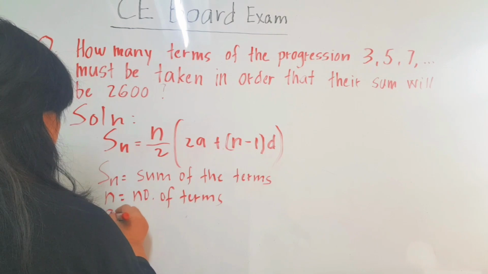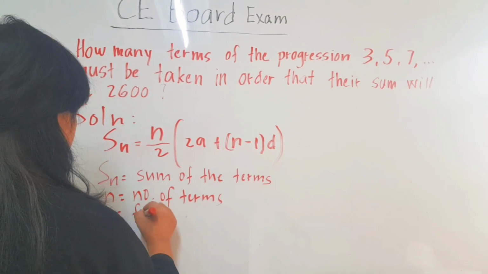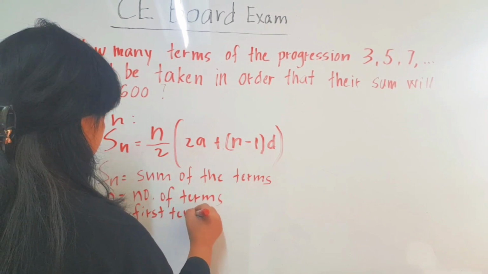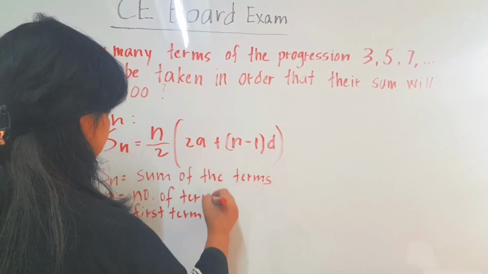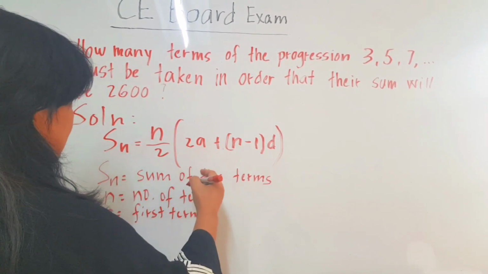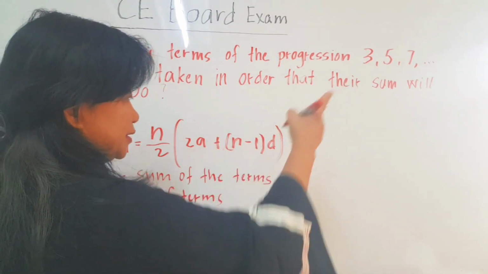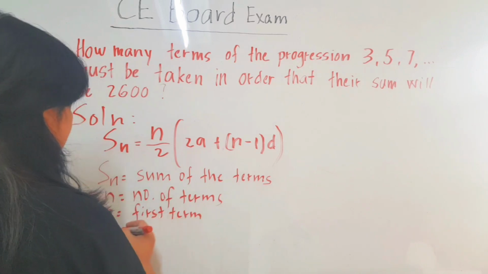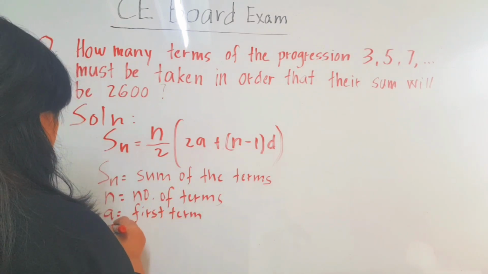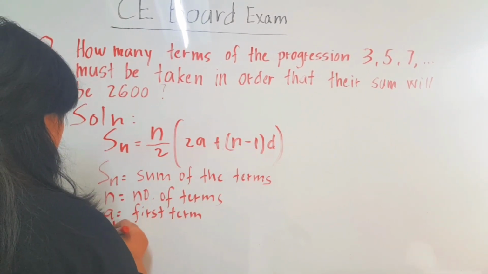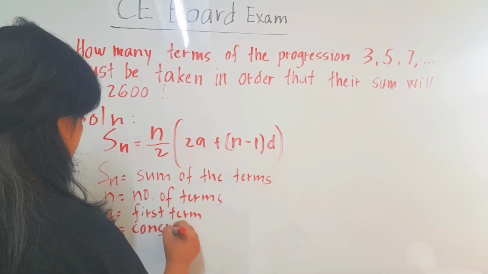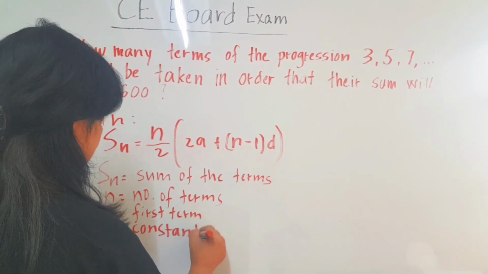A is the first term in the arithmetic progression, which is like, for example, 3, 5, 7. So the first term is 3. And of course, d is the constant difference.